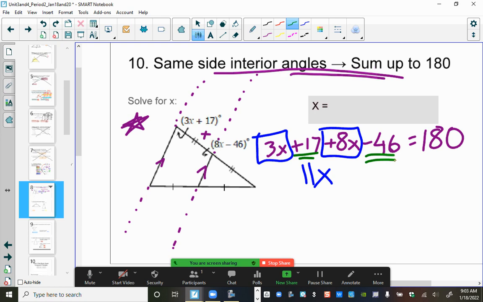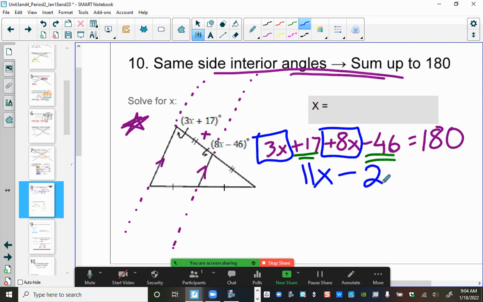Close. It's going to be negative something. Try it again. Or you just type in 17 minus 46. What do we get? 29.